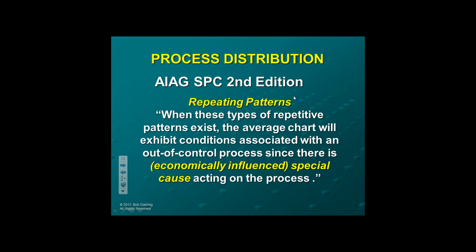But then they continue. When these types of repetitive patterns exist, the average chart will exhibit conditions associated with an out-of-control process, since there is, in their terms, economically influenced special cause acting on the process. Well, it's true. What happens is you have a trend, and you might think that a trend is an out-of-control condition, but it's not. You expect it, so it's not out of control.